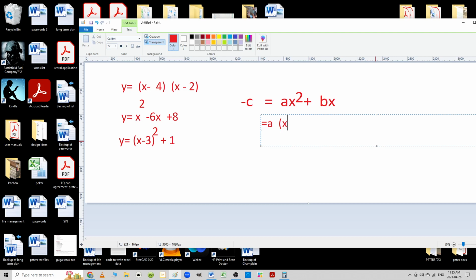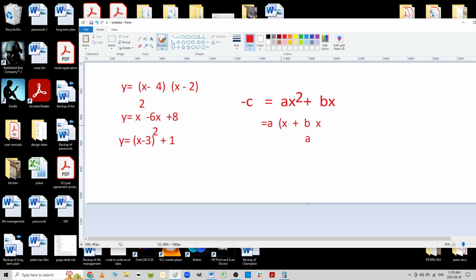I have to factor out the a to get the x squared all alone, which means we're left with b over a when I factor out, like this, times x. Like that. And the minus c is still on the left side, like this. What did I do? I simply divided both things by a to bring the a out front. If you were to expand this, a times x, oh sorry, there should be a square there.